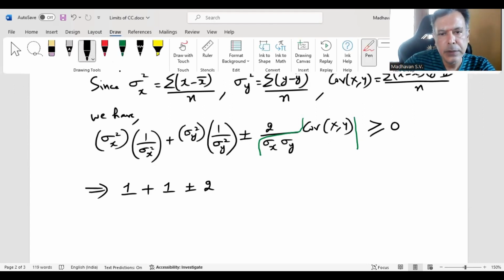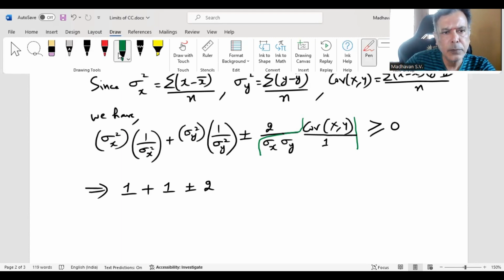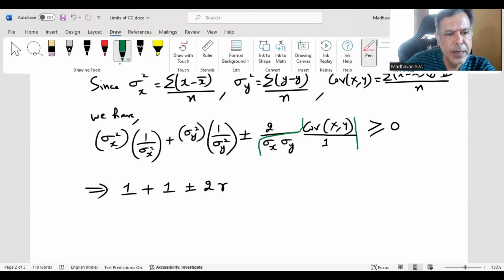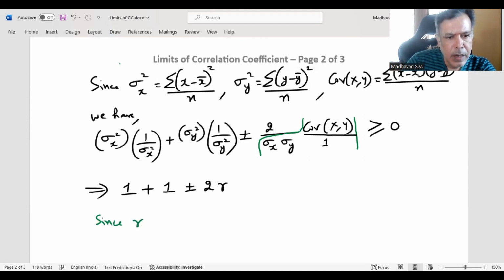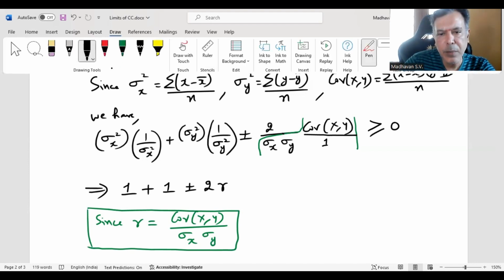Since r is equal to the covariance between variables x and y divided by the standard deviation of x times the standard deviation of y, we are replacing that term, covariance of x, y divided by sigma x sigma y, as r.